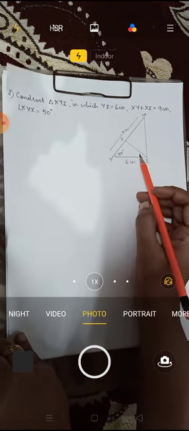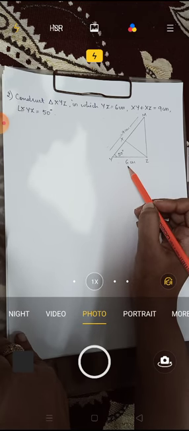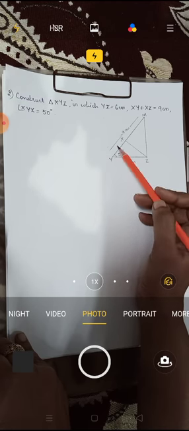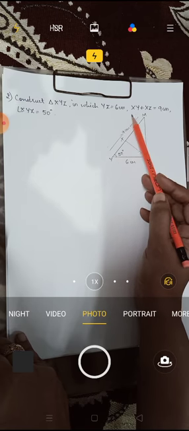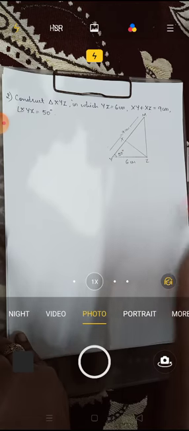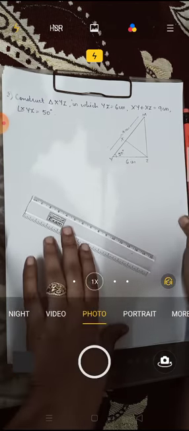So here I have drawn the rough diagram. YZ is 6 centimeter, and angle XYZ, that is Y, is 50 degree, and XY plus XZ is equal to 9 centimeter. So we'll draw similar to the first sum.